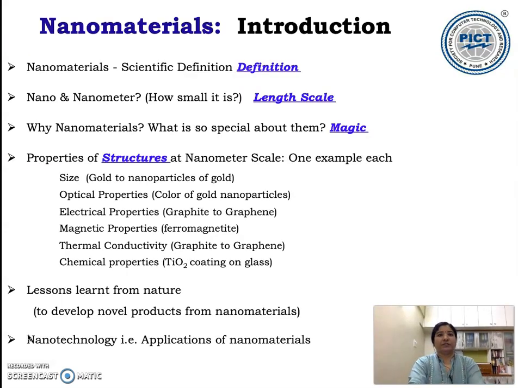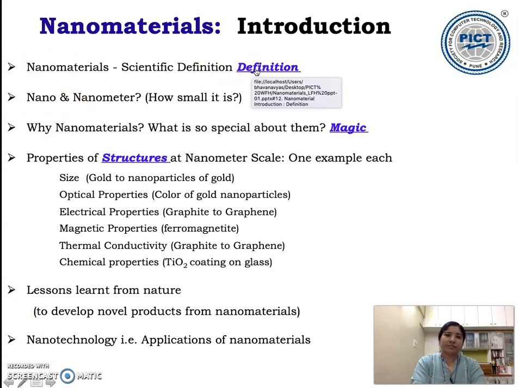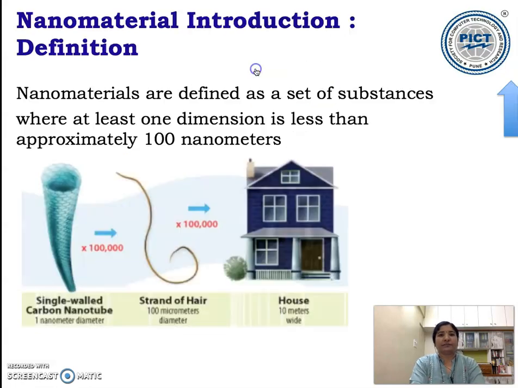So let's start with the topic nanomaterials. First we'll start with the introduction part. When we say nanomaterials, how can we define it? Let's see the definition of nanomaterial.